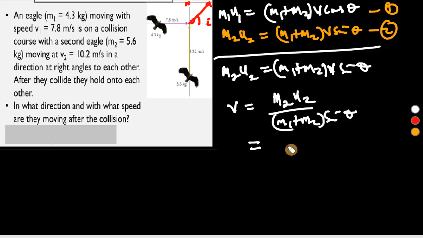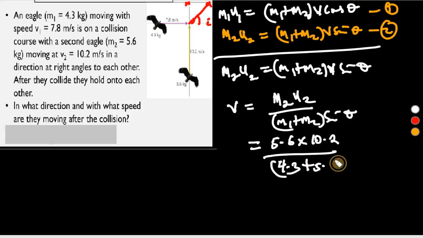M2 is the mass of the second eagle, which is given as 5.6. This is the initial velocity of the second eagle, 10.2. The mass of the first eagle is 4.3 plus the mass of the second, which is 5.6, times sine of the angle we got, 60 degrees. So what we now have as the velocity, if you do the math, is approximately 6.7 meters per second.